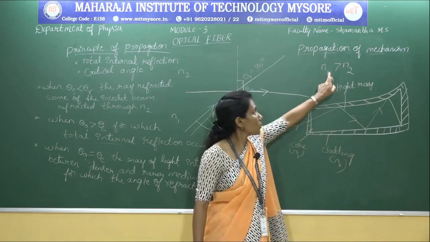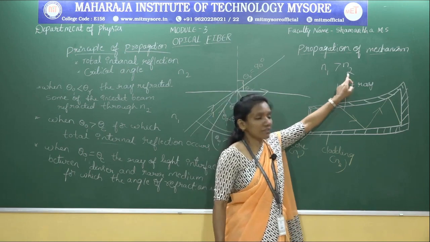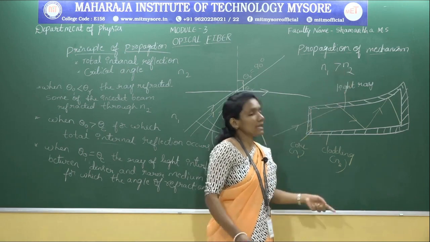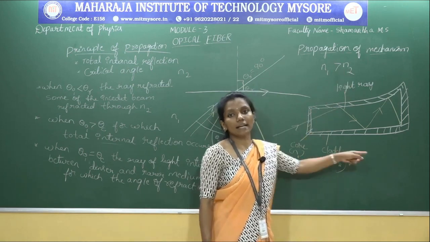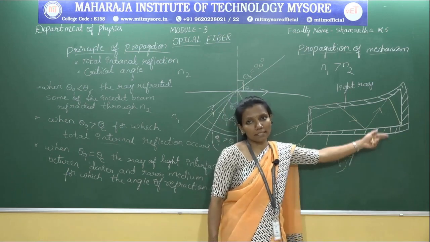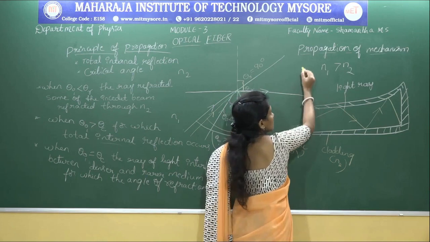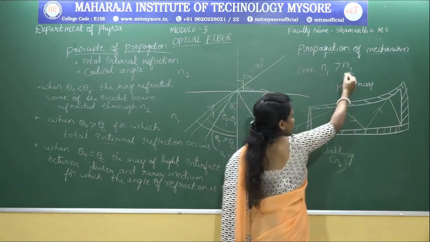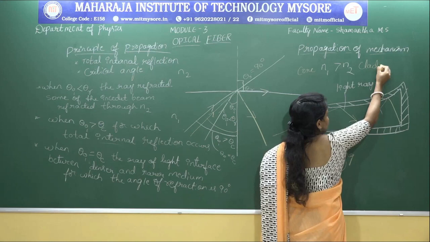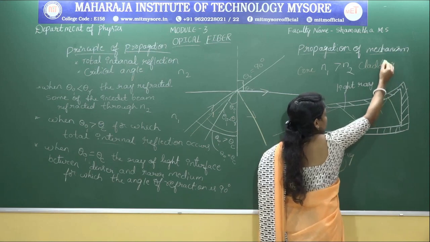When the refractive index of the core is greater than the refractive index of the cladding, then only the propagation continues in the optical fiber. This is the core, and this is the cladding.